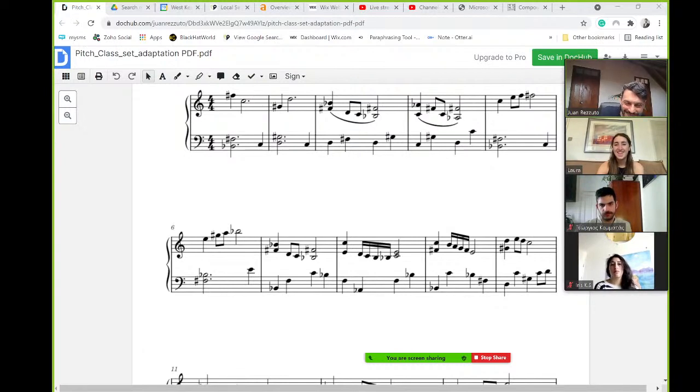I did it last week, so I can't really remember, but I basically just took the last exercise. So the main notes in those bars will be from the last exercise, and then I just built around it to make it sound more like a piece.